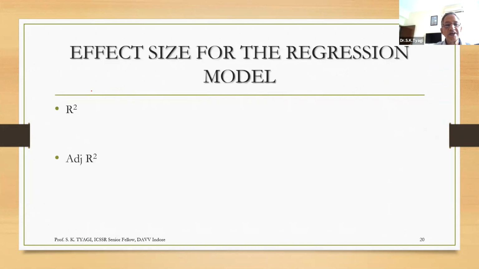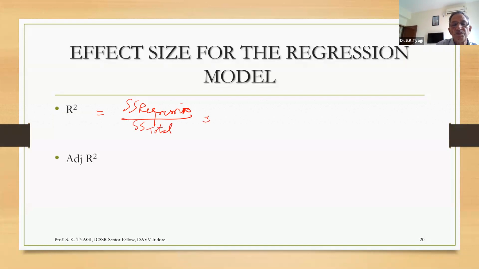So now only two things remain: R square and adjusted R square. R square is SS regression upon SS total. So SS regression in this case was 9, SS total is 10. So R square is 0.9.